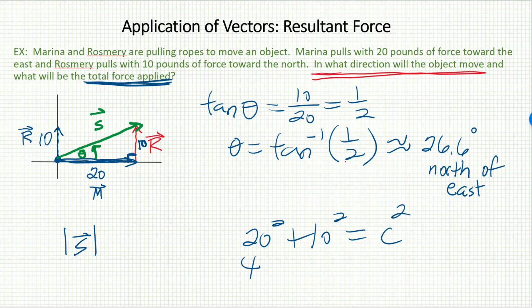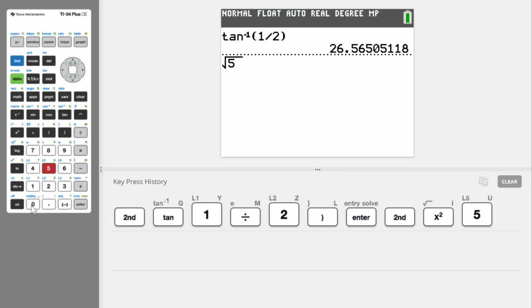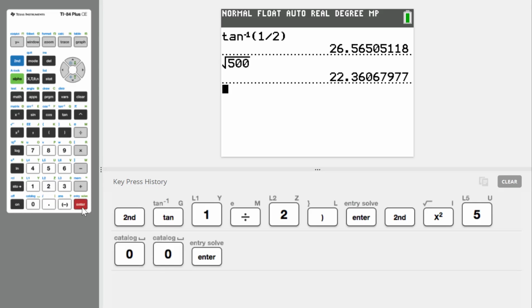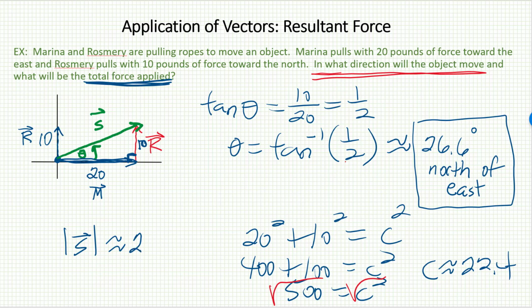That gives me 400 and 100, which is 500. All I need to do is take the square root of 500, and I've got my answer. So square root of 500 comes out about 22.4 pounds. And that's our answer. The net force being applied to this object is about 22.4 pounds.